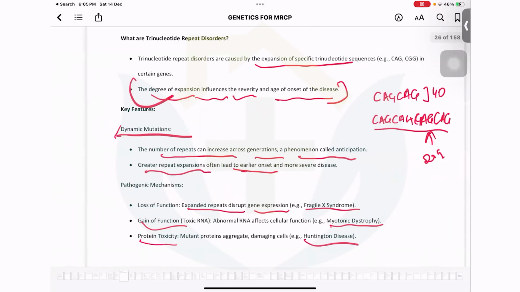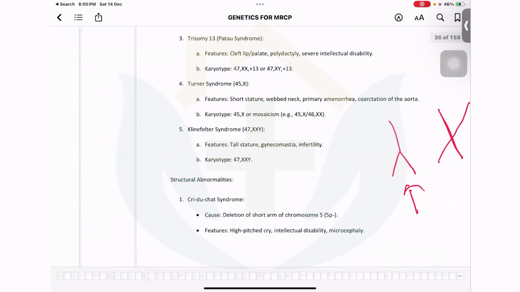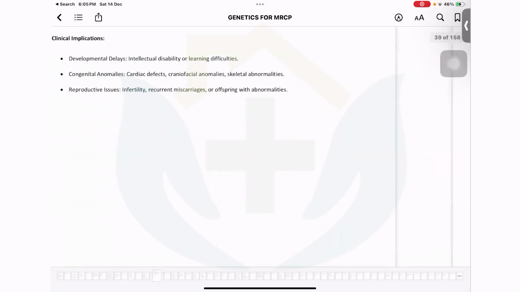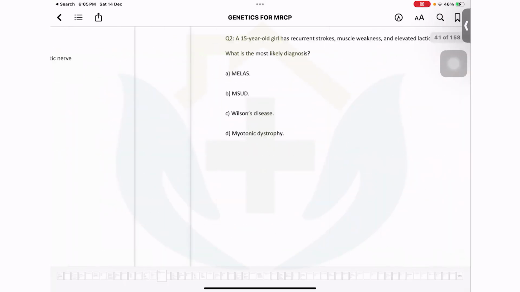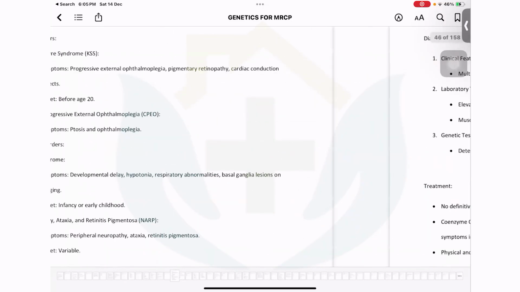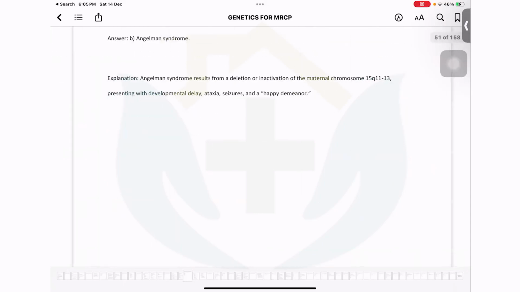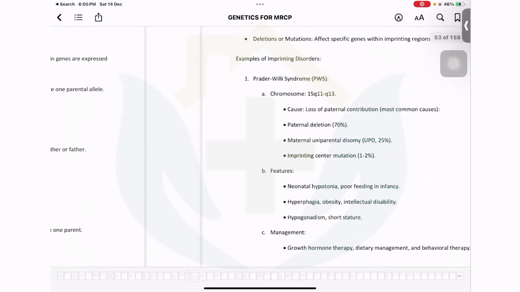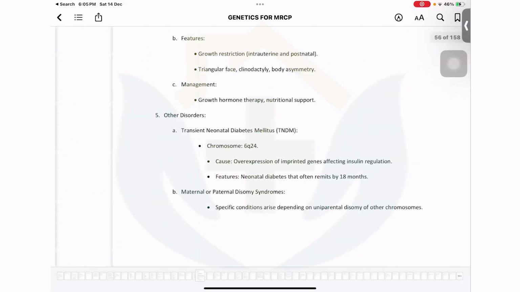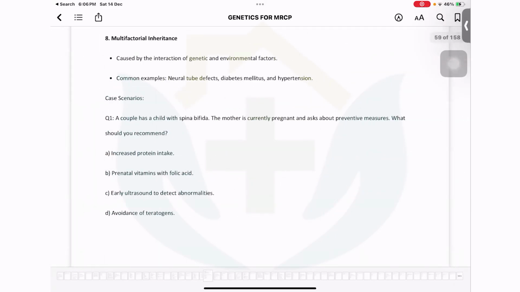We've covered chromosomal abnormalities, karyotypes, Turner syndrome, mitochondrial inheritance, and genetic imprinting disorders. And now we shall be doing multifactorial inheritance.